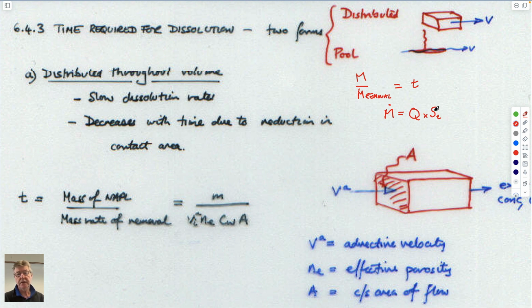This is a mass per unit volume, and therefore this is in kilograms per second, mass per unit time. And so if we know the rate at which you remove it, you could calculate how long it takes to remove the complete amount. So I guess that's what's written down here.